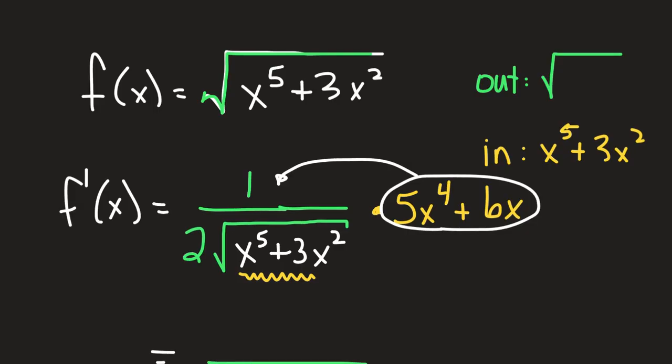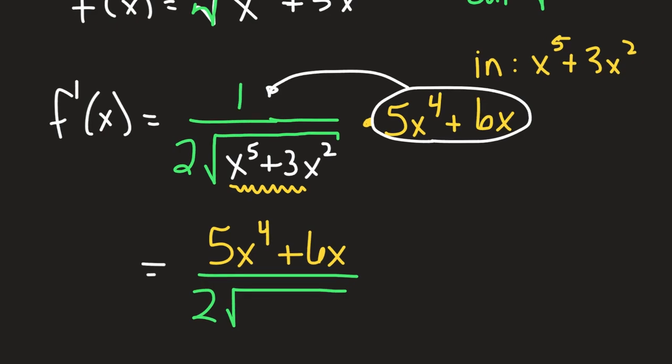This is how we would simplify this type of derivative, by simply putting the 5x to the 4th plus 6x in your numerator and leaving everything else alone. Sorry, that's not a 2, that's a 5 plus 3x squared. And that's going to be your derivative.